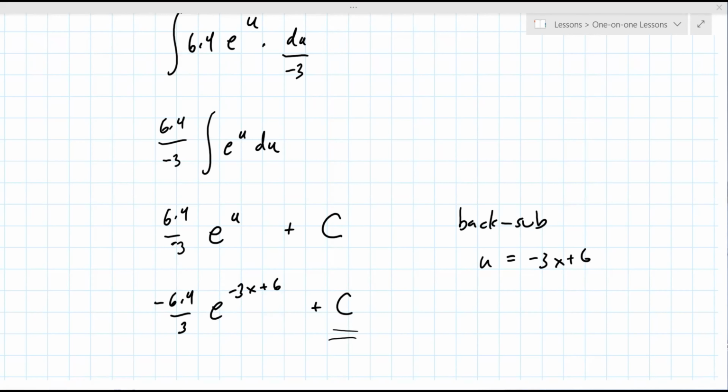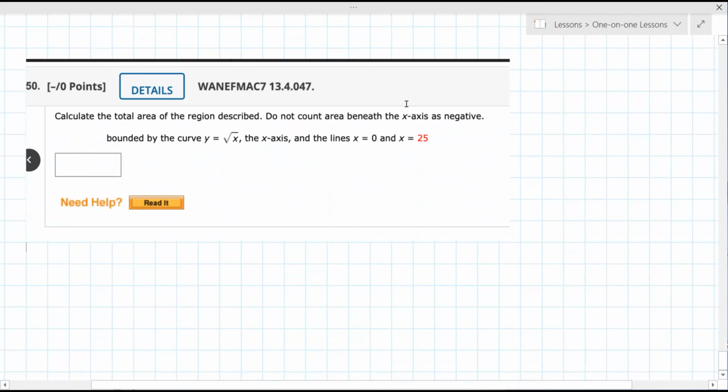The 50s, we can do that. All right, calculate the total area of the region described.